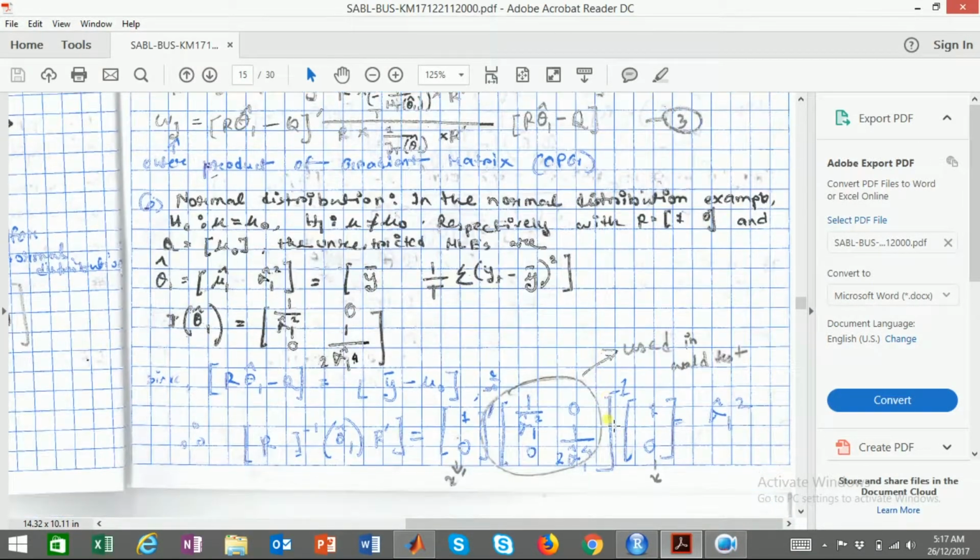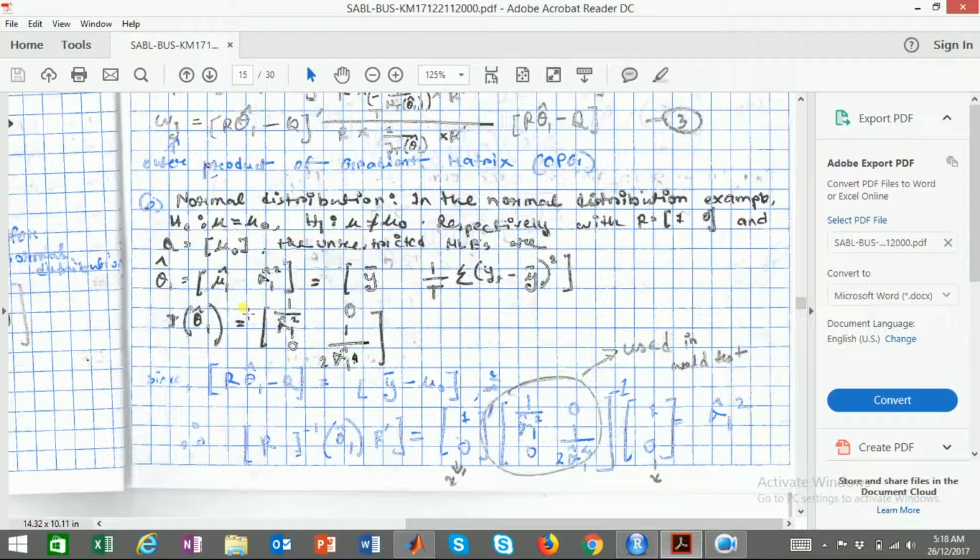Then we are talking about the normal distribution. In the normal distribution example, the null is mu equals mu naught and the alternative is mu not equal to mu naught, with R equal to 1 0, so we are just measuring one parameter, and q equals mu naught. The unrestricted maximum likelihood estimators are mu 1 hat and sigma 1 hat square, where mu 1 hat is simply the sample mean y bar, and sigma square is the sum of y t minus y bar whole square divided by T, as we already know.